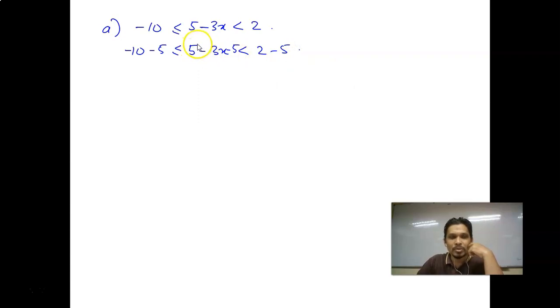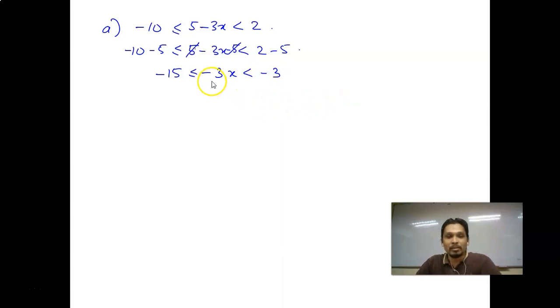We want to solve this part here first. 5 minus 5 equals 0. So negative 10 minus 5 is negative 15. Then 5 minus 5, what's left here now? Negative 3x less than 2 minus 5, which is negative 3.